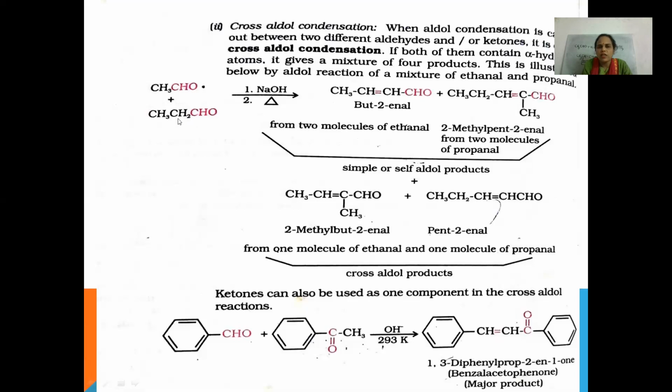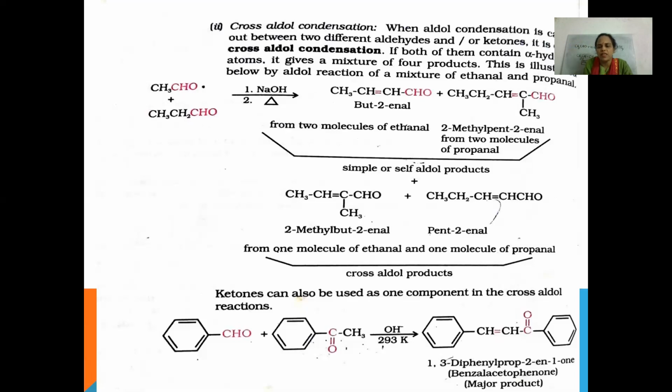This is the alpha carbon and on it is alpha hydrogen. So both compounds, ethanol and propanol, contain alpha hydrogen atoms. So they undergo aldol condensation in the presence of a base, and it results in the formation of four products.